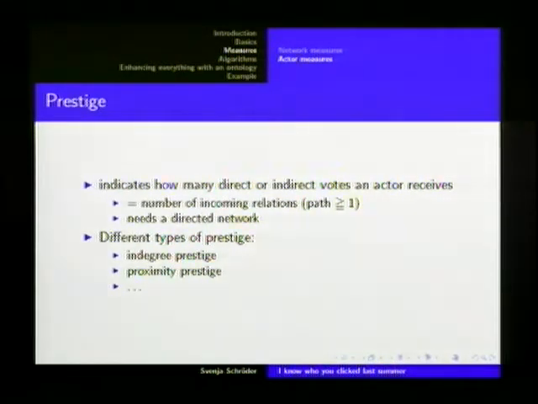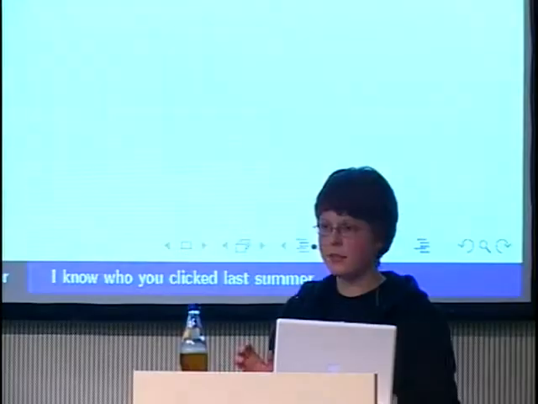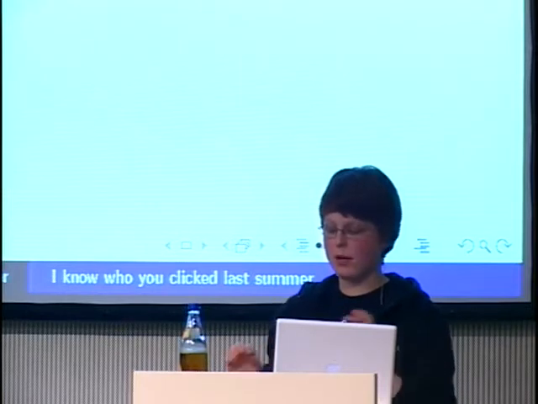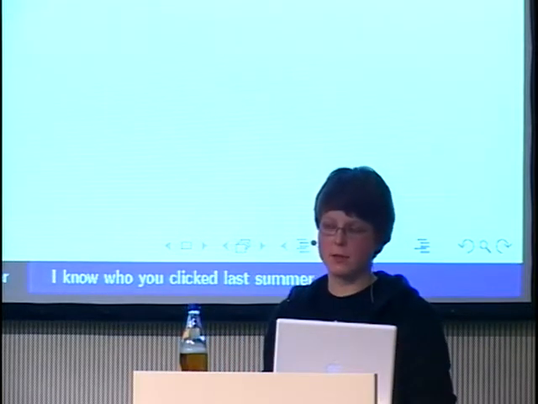The in-degree prestige is, as you can guess, the in-degree of a node, which is very easy. You just count the number of incoming edges. And proximity prestige is, if you are voted for or reachable by very many actors on a short path or a short distance. So it's very close to closeness centrality because you look at short distances to other actors.